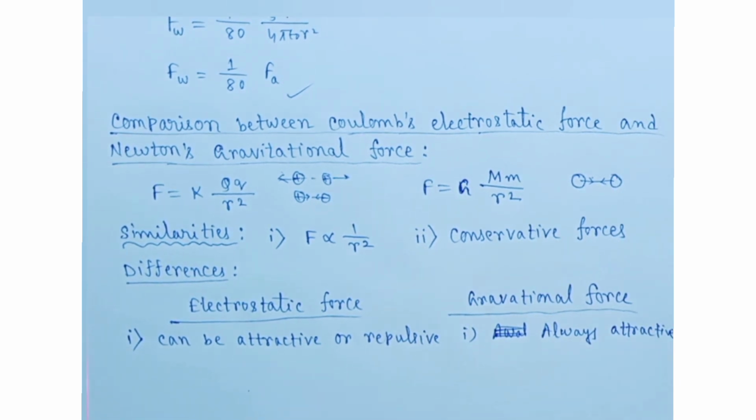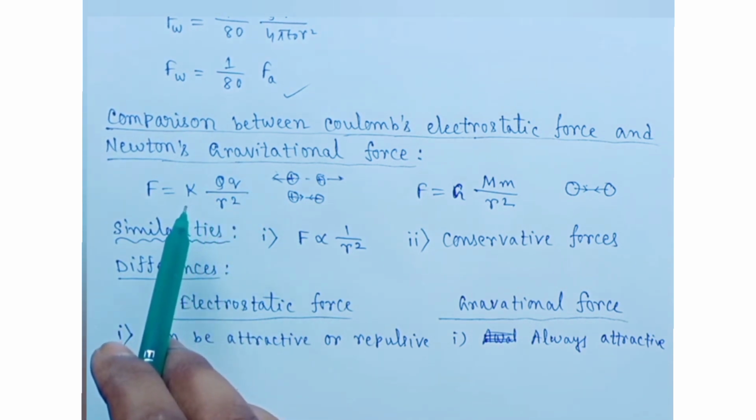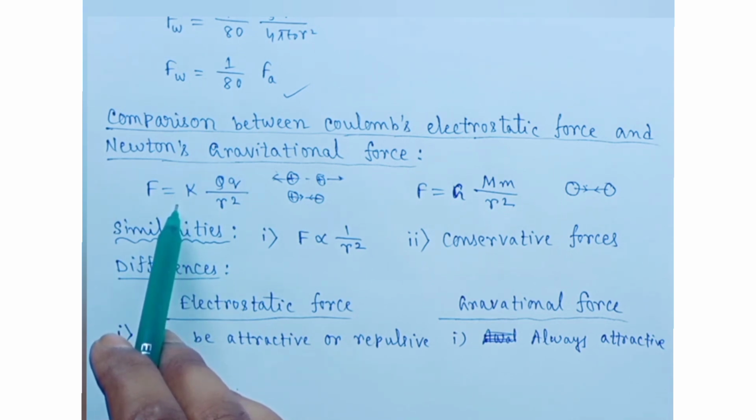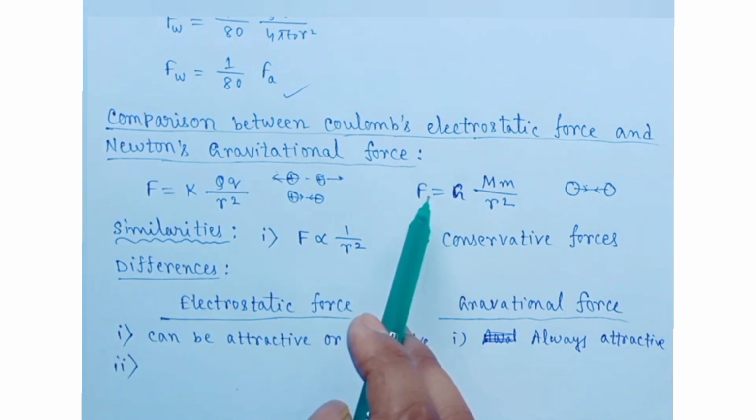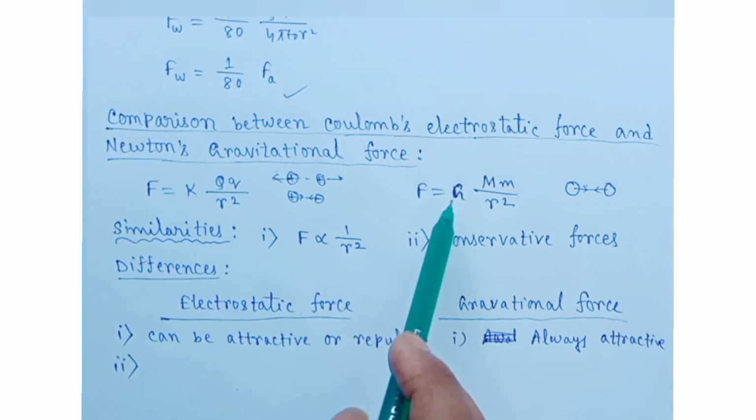The second major difference is that the electrostatic force depends on the medium because it consists of a medium dependent term called permittivity. But the gravitational force is independent of the medium because the constant is the universal gravitational constant.